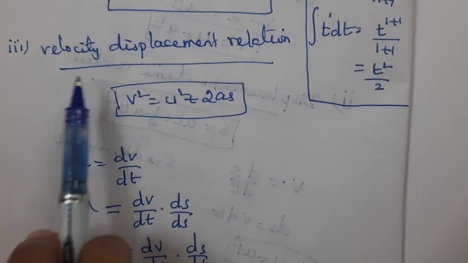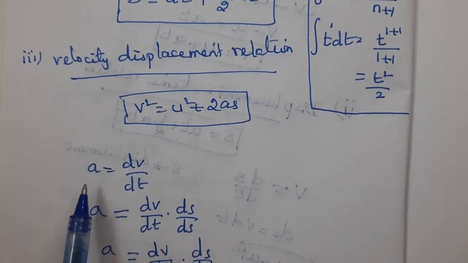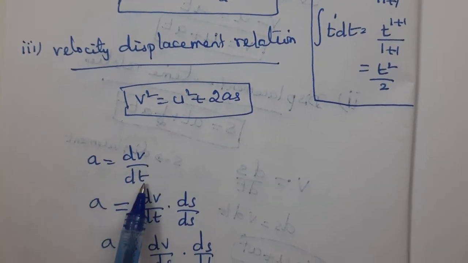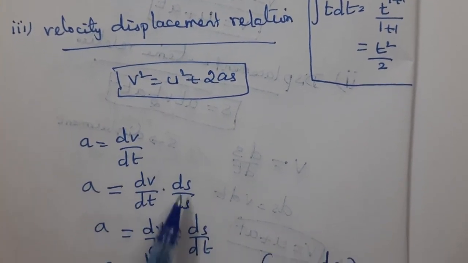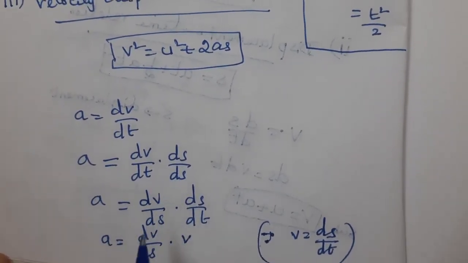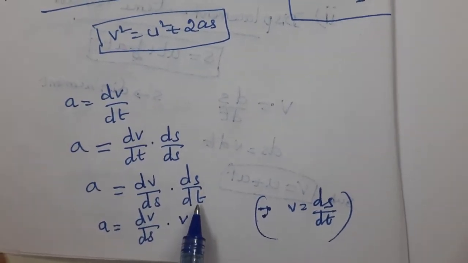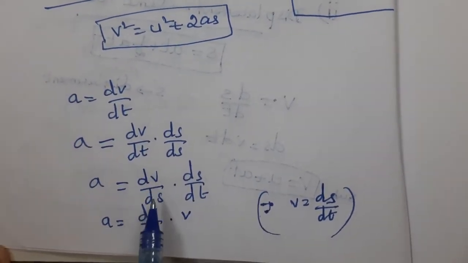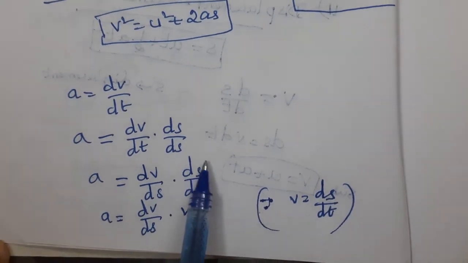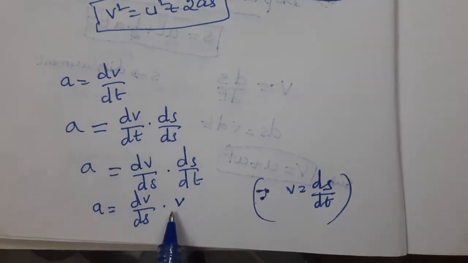Once again, the velocity displacement relation is v square equal to u square plus 2as. We know that a equal to dv by dt; multiplying and dividing by ds by ds and rearranging the terms, a equal to dv by ds into ds by dt. Instead of ds by dt, we can substitute velocity, since velocity is equal to ds by dt.